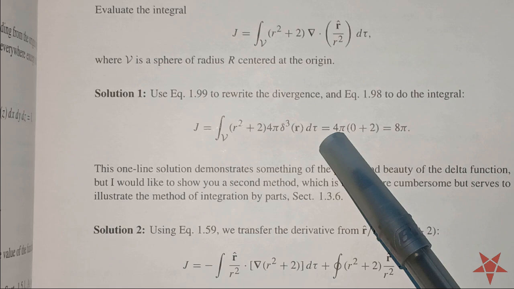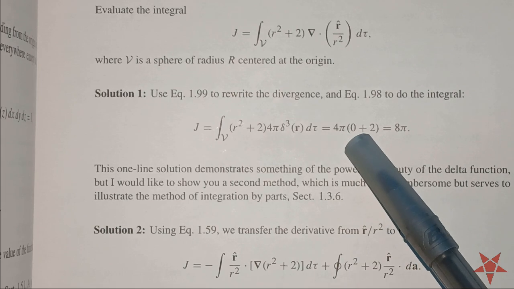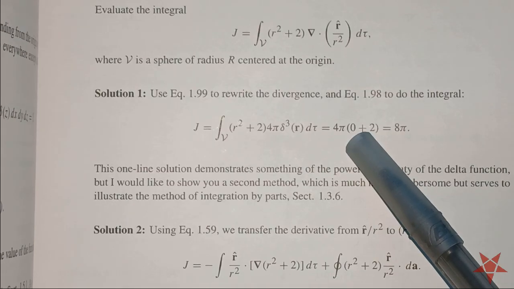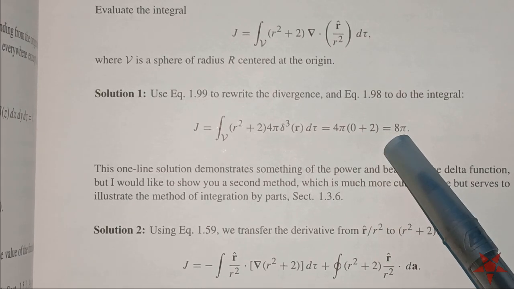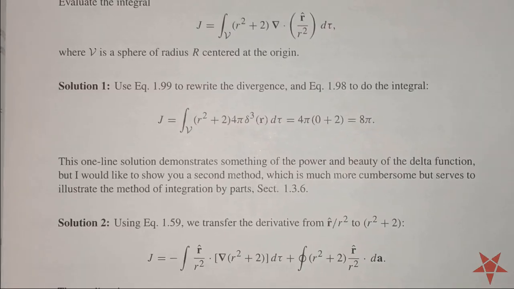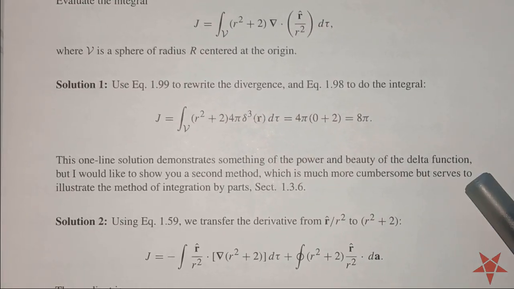So we end up with 4 pi times the function evaluated at basically r equals 0, the null vector, and we get 8 pi. It's a very simple solution. If you want to pause the video and read the text, I'm probably going to skim past that.